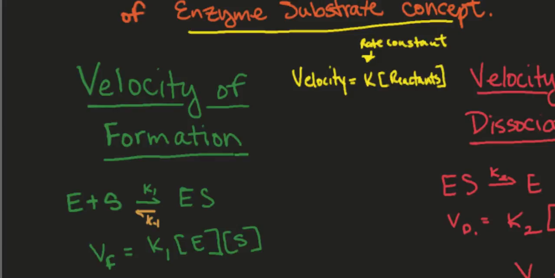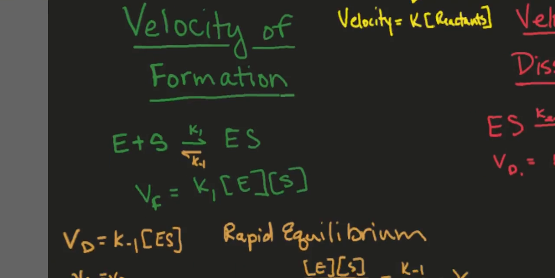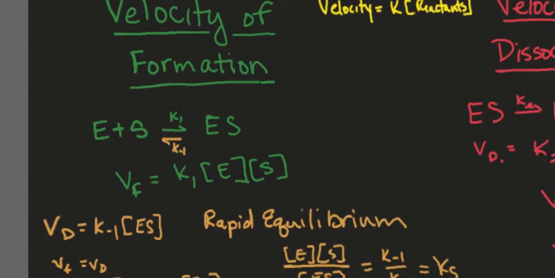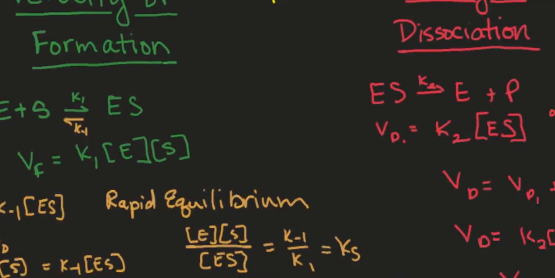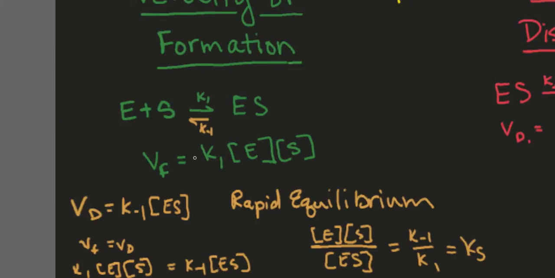So if I look at the velocity of formation of this enzyme substrate complex, and for now I just consider what's in green, I get enzyme plus substrate. The rate at which this complex forms, the formation velocity or rate, is going to be that constant times the reactants, which are substrate and enzyme.